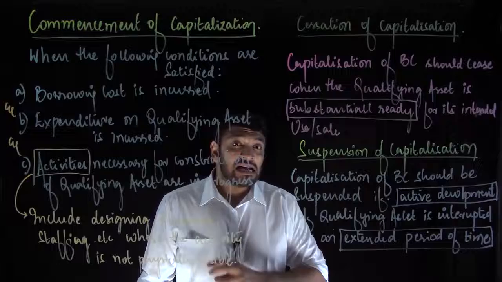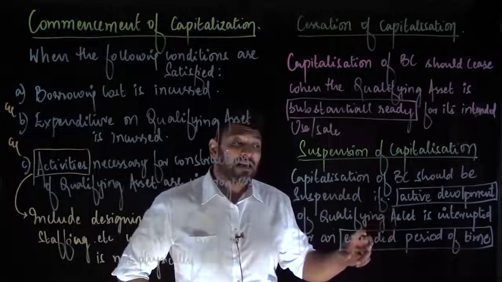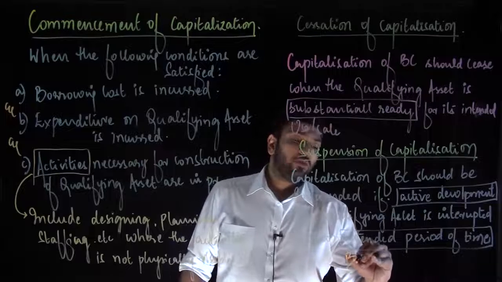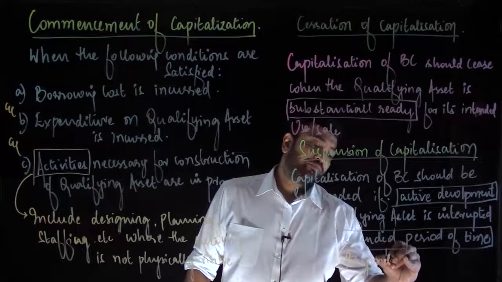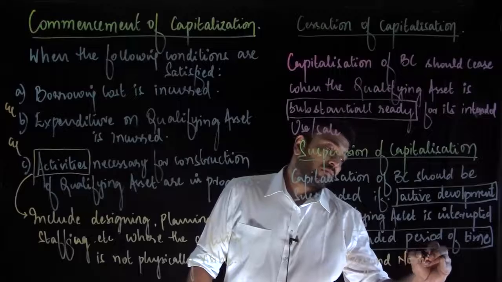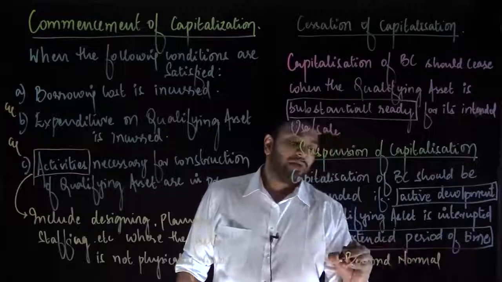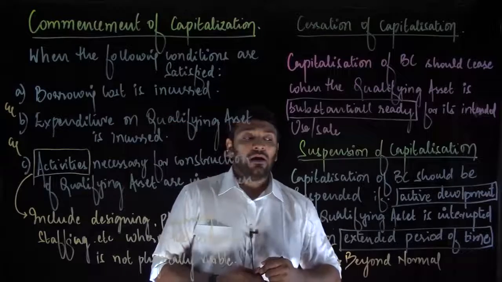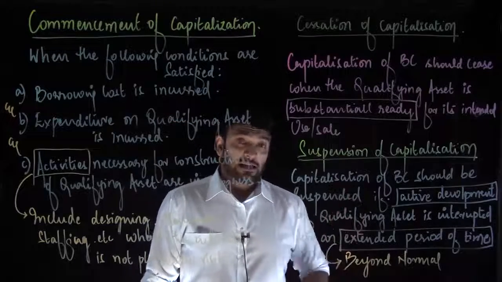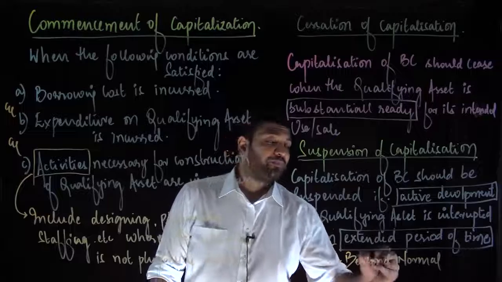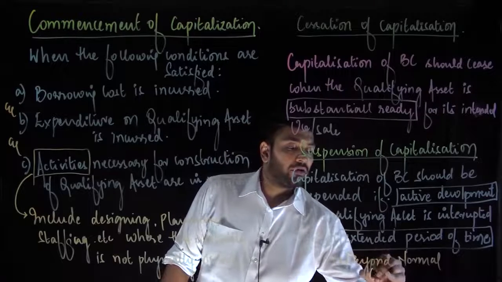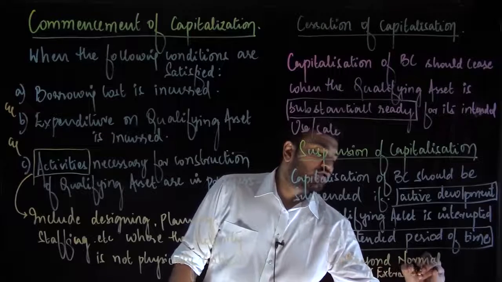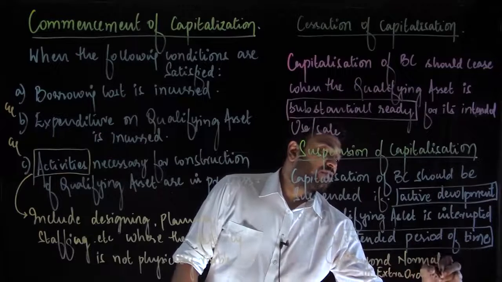What am I using here? Beyond a normal period, extended period of time. Extended period means beyond normal period. If the period for which your active development is interrupted is for an extended period, that is beyond normal, and normally occurs in the case of extraordinary situations.